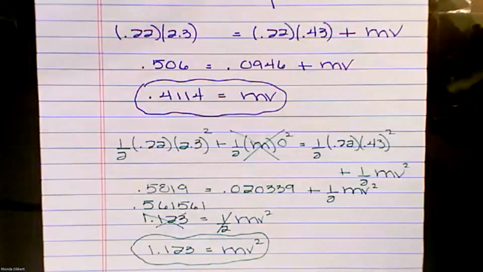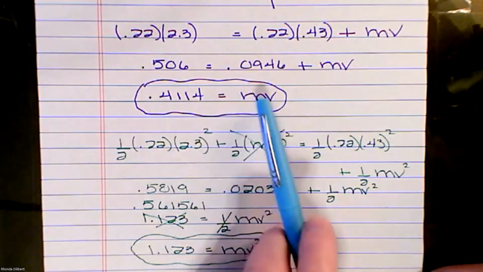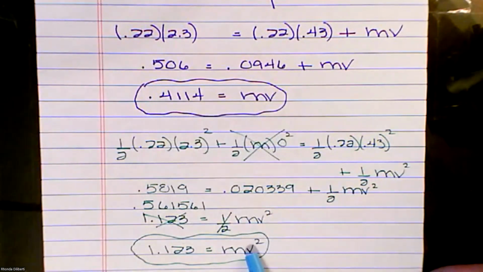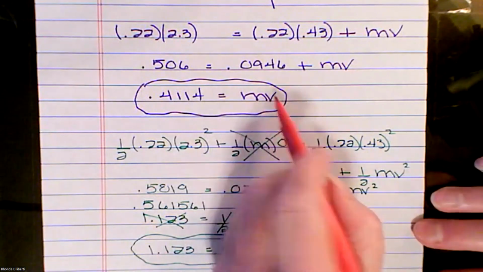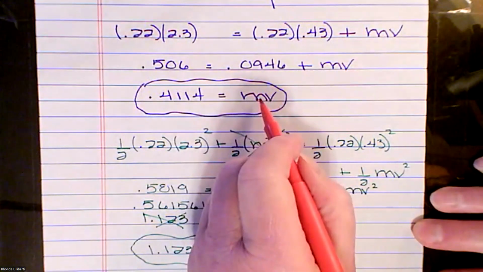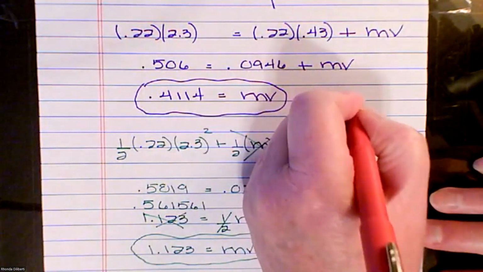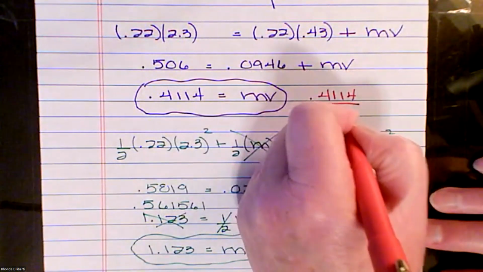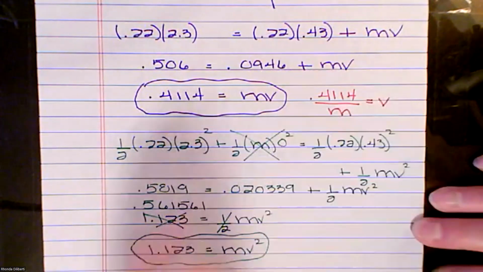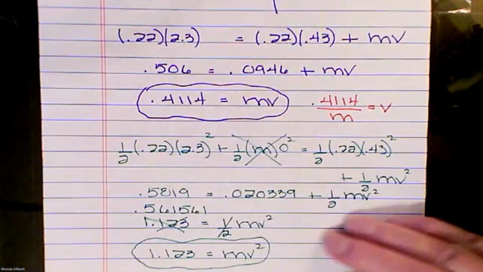So now I have two math facts. They both have an mv in them, and I just have to solve these two equations by substitution. For example, maybe I'll go up here and divide both sides by m. That would give me 0.4114 over m equals v. All right, that's true.